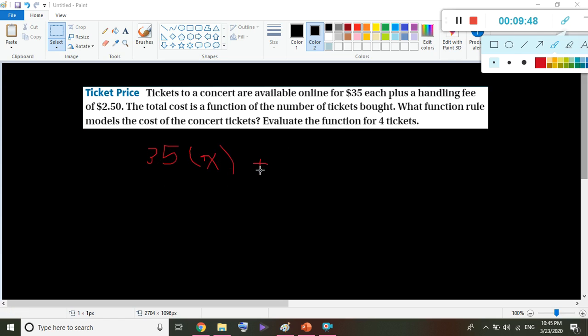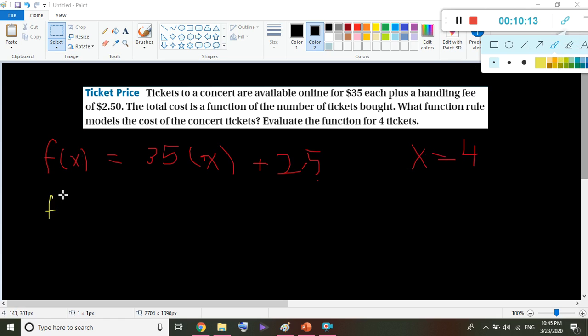So plus 2.5. Now we want to find the total cost, it means this is y. So instead of y, we're gonna say f of x. And they're asking evaluate the function for 4 tickets. So they gave me an input of 4 tickets. Let's just now substitute here.